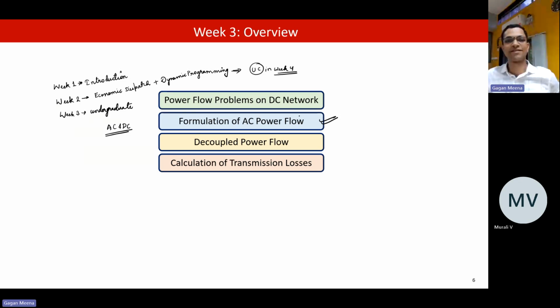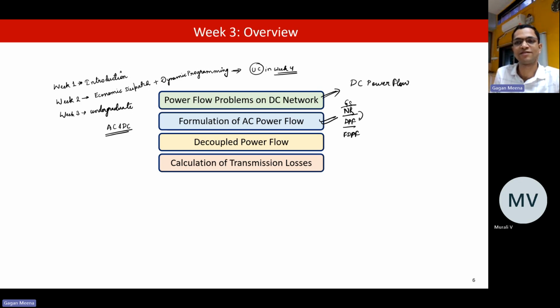So we discussed this power flow problem. First of all, the DC power flow, and then also AC power flow solution methods, which we already know, like Newton-Raphson, starting with Gauss-Seidel. Gauss-Seidel is the most basic one, then Newton-Raphson, then decoupled power flow and fast decoupled power flow.